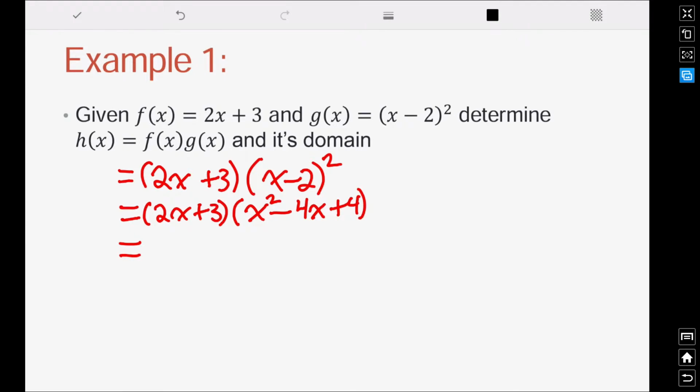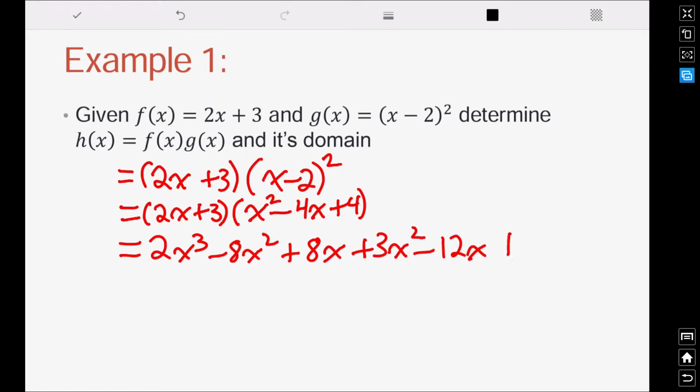I can continue expanding this to give me the following: 2x cubed minus 8x squared plus 8x plus 3x squared minus 12x plus 12. Now you can clean up some of the like terms. So 2x cubed.